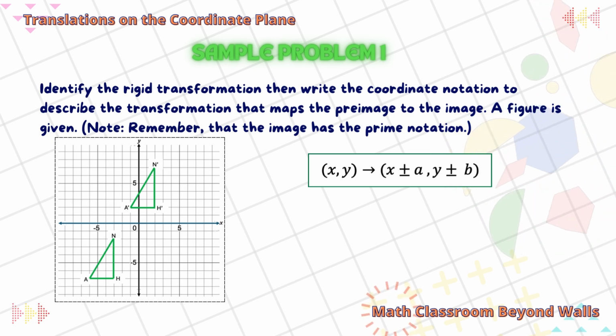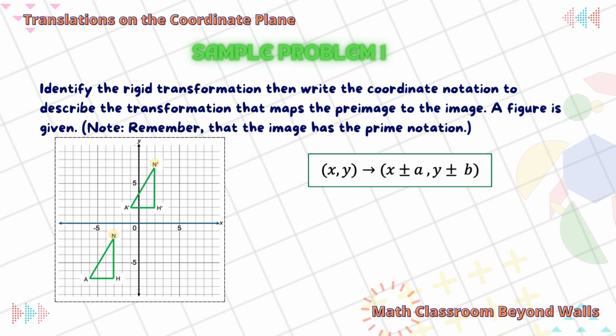Here, we simply need to determine a, the motion along the x-axis, and b, the motion along the y-axis. How do we do this? We trace and count the moves. To make the process easy, we focus on one pair of corresponding points. Let us focus on N and N prime. Let's go.